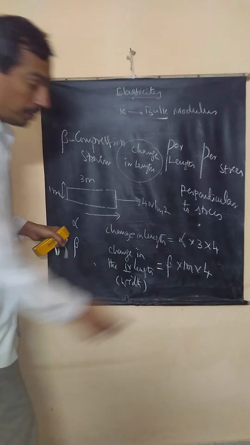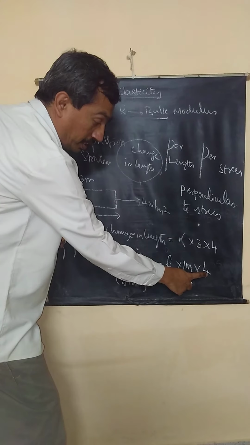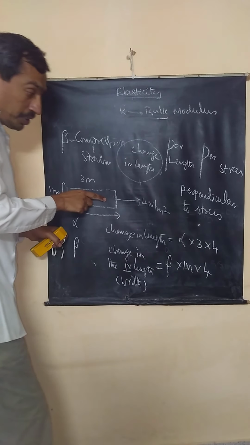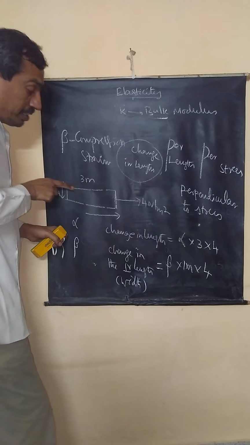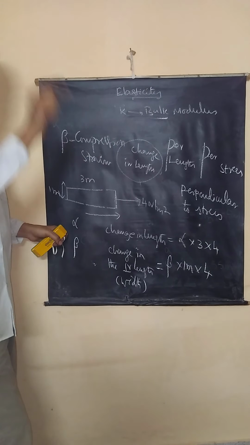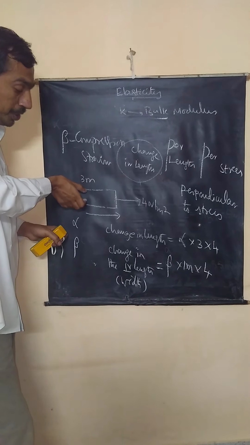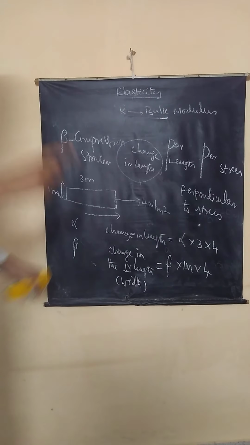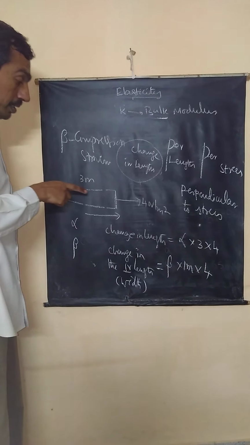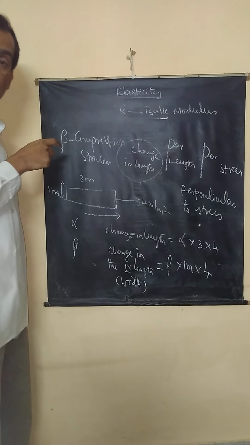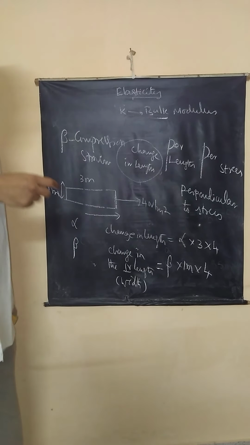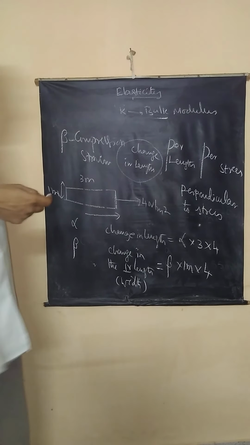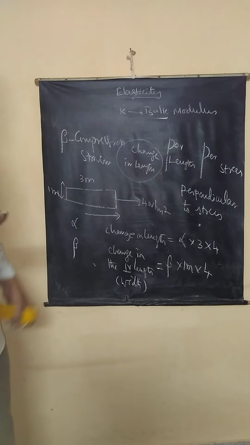Please remember, this stress is perpendicular to this width. Because of the stress in this direction, there is elongation in this direction, also accompanied by compression in the other direction. So every stress is always accompanied by elongation in one direction and compression in the other direction. We need this information for the very important derivation of bulk modulus.